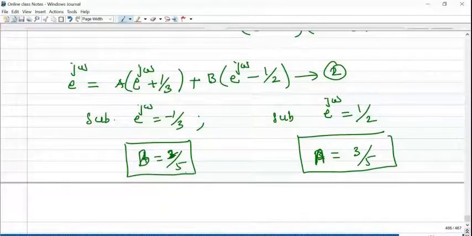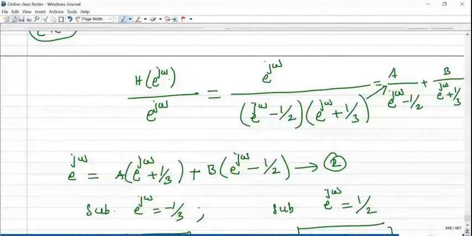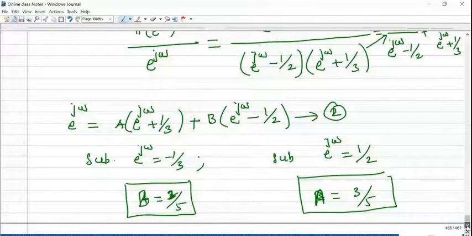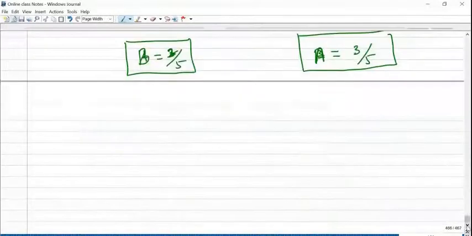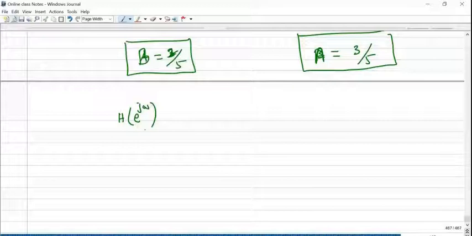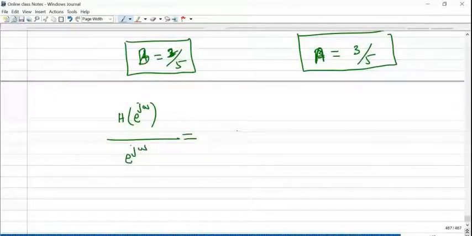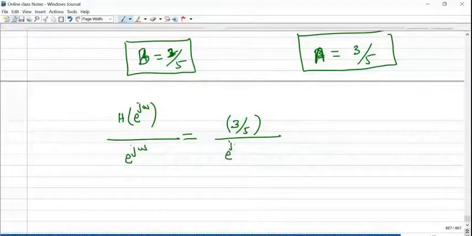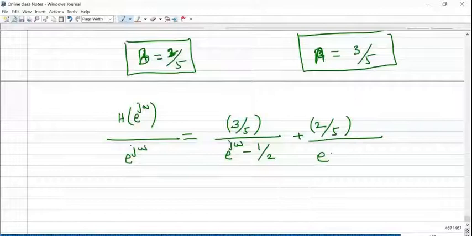Write down H of e power j omega divided by e power j omega. So A and B values are done. So what is a value? 3 by 5. 3 by 5 divided by e power j omega minus 1 by 2 plus 2 by 5 divided by e power j omega plus 1 by 3.